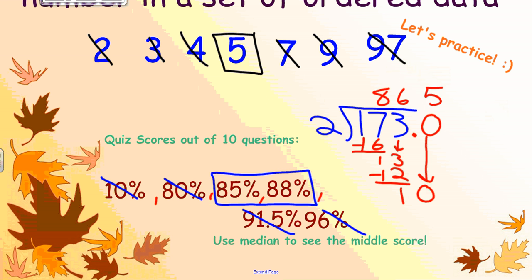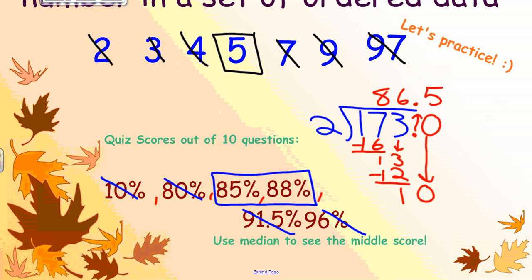Exactly. What do we do with that decimal? That's right. Straight up. Now, tell me, is it done? Straight up. Bring it straight up. And there you have it. Our median or middle number or score would be about an 86.5%.